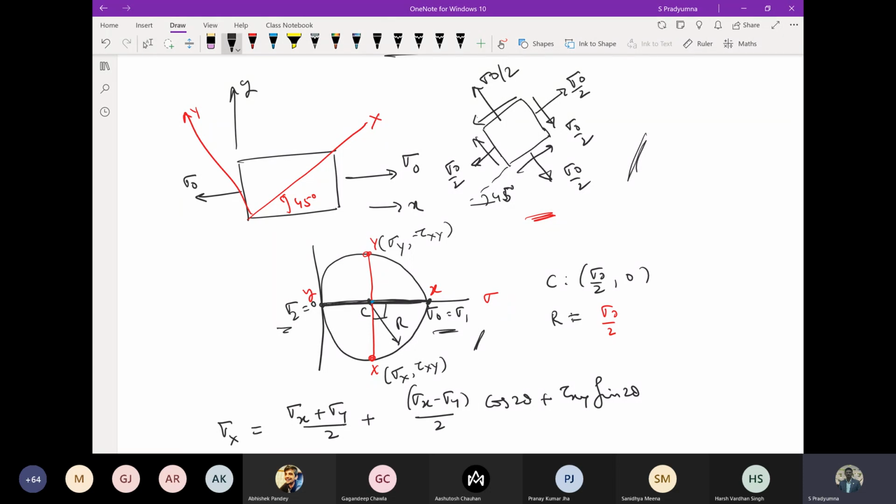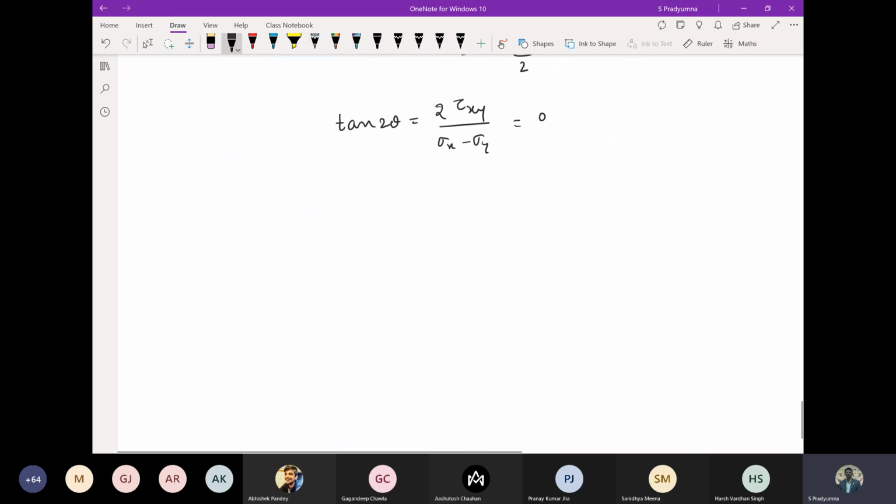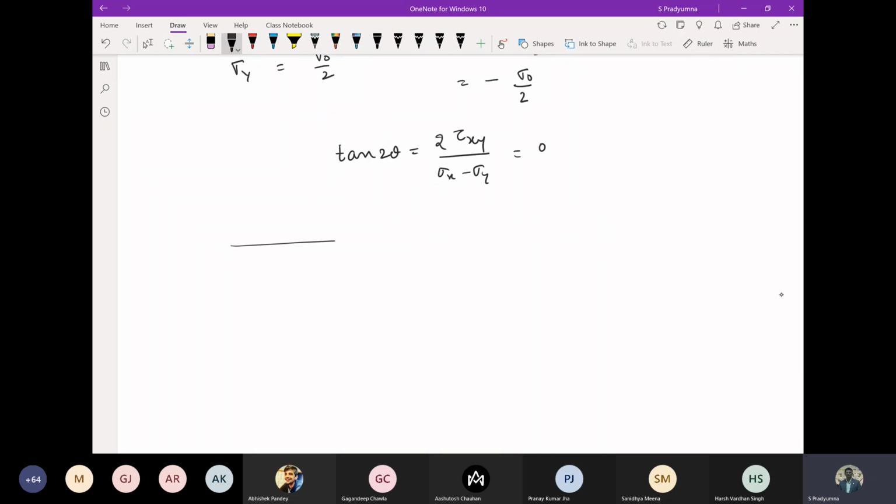Now there is a significance of taking this 45 degree also. Let's say, have you seen any material? Let's say I have a small rod like this. Now I apply some load on this so that it breaks, and assume that this is a ductile material.